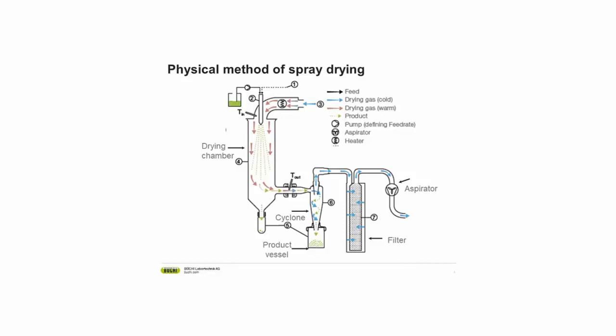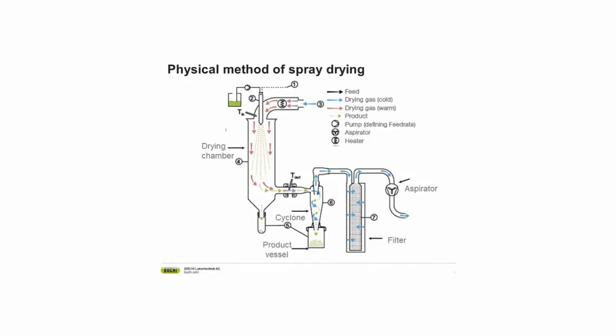So quickly, how does spray drying work? I will explain it a little bit, since we saw that many people don't have that much experience with spray drying. Here we see a drawing of a spray dryer. You feed your sample through a nozzle, and this nozzle sprays your sample into a drying chamber.